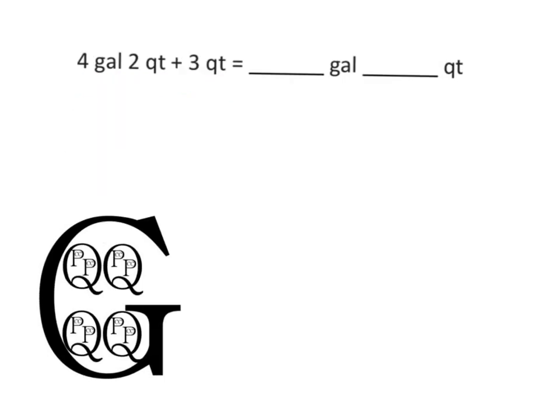All right, moving on. 4 gallons, 2 quarts plus 3 quarts equals how many gallons and how many quarts? Okay, so let's put the things that are alike together. I see 2 quarts and 3 quarts that are alike. So 2 quarts plus 3 quarts is equal to 5 quarts. Very good. And then we still have our 4 gallons over here. But if we pull this out even more, how many quarts are in a gallon?